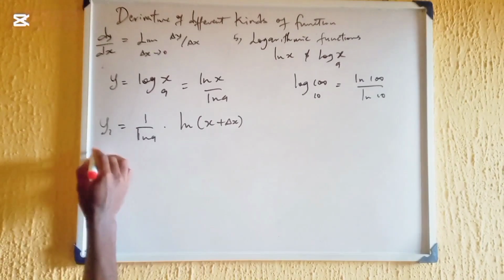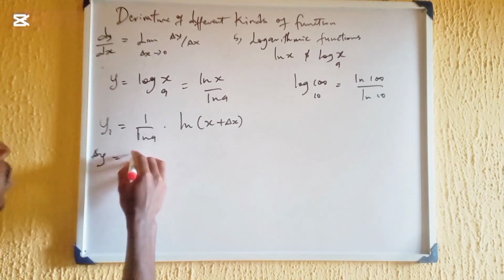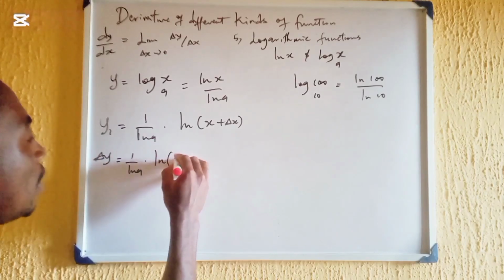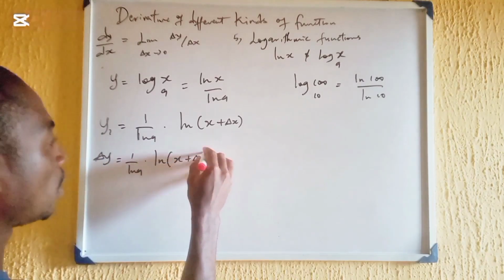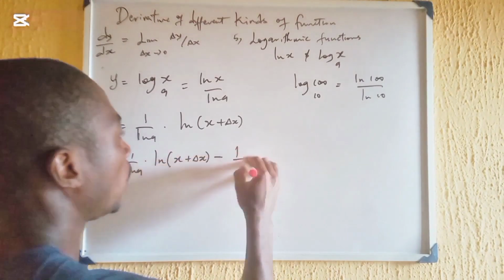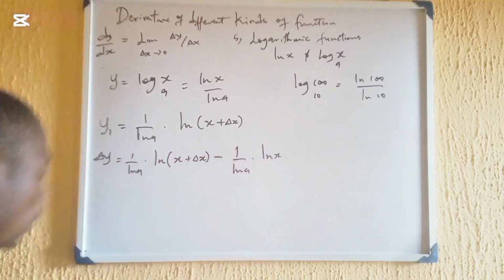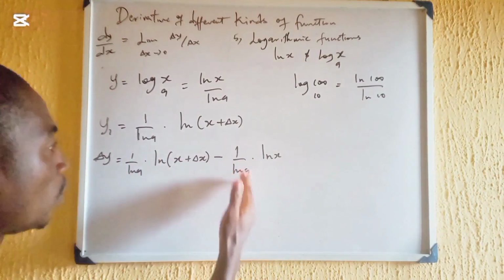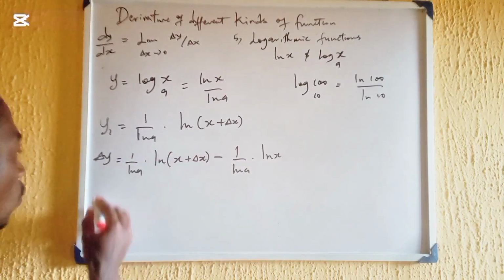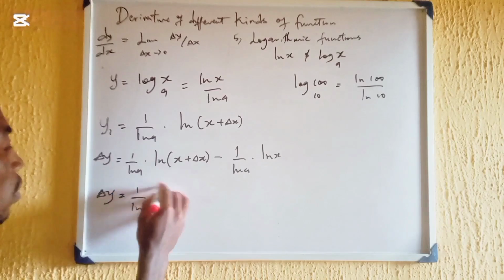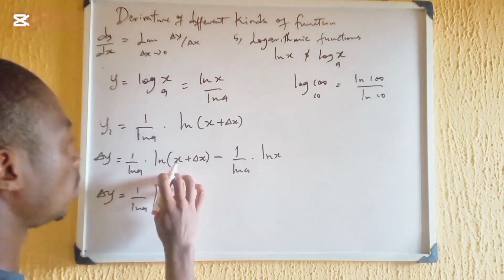Now, our change in y becomes 1/ln a into ln(x + change in x) minus 1/ln a into ln x. So we have a common factor, 1/ln a. So change in y is equal to 1/ln a. We'll open our bracket, then we take this and this.